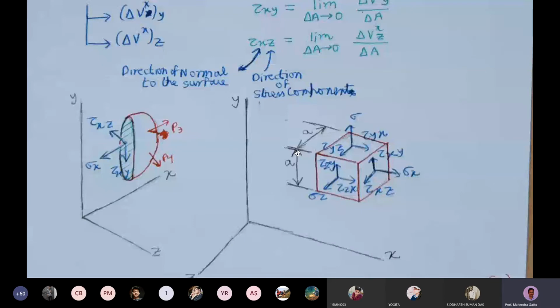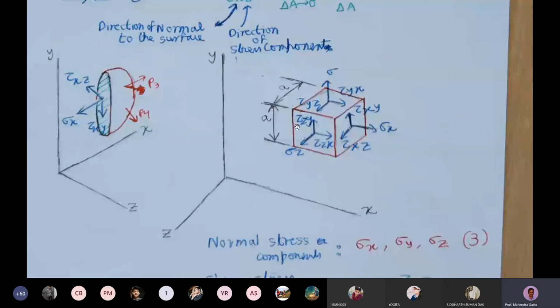So what we will get is, around point Q, we can draw a cube, and this cube has 6 faces, and for each face we can identify the stress components.